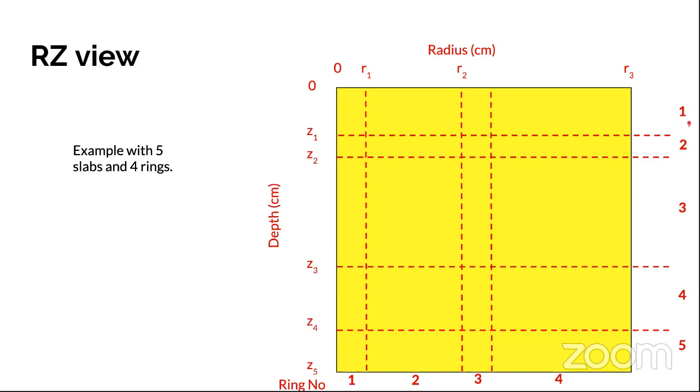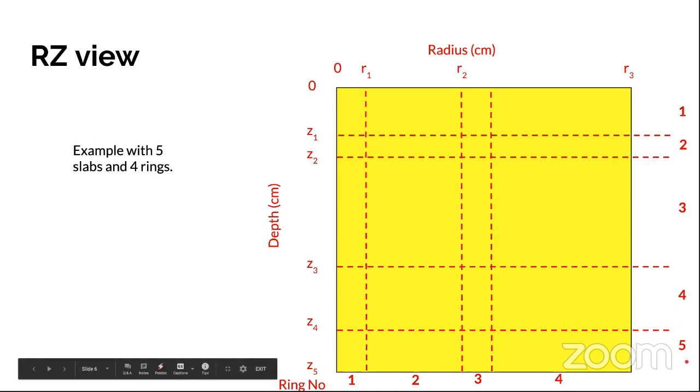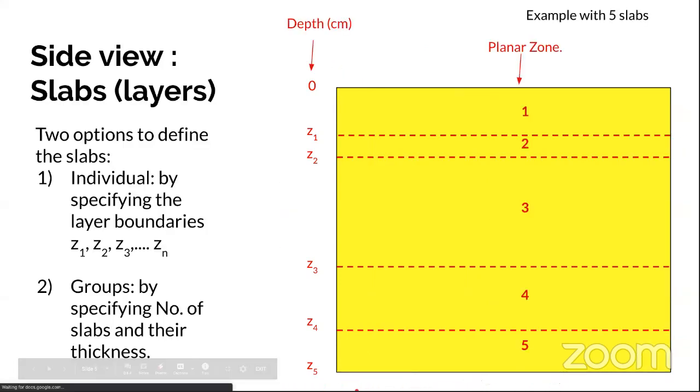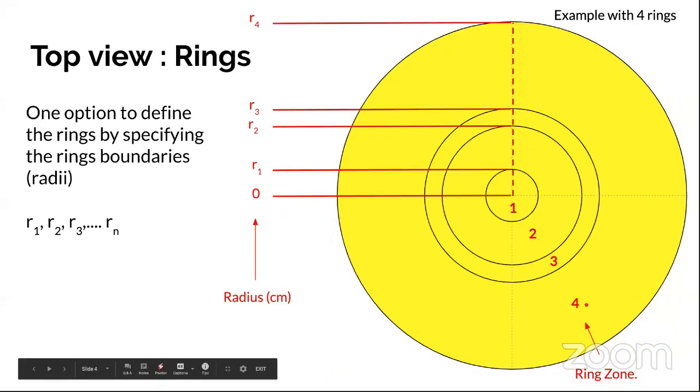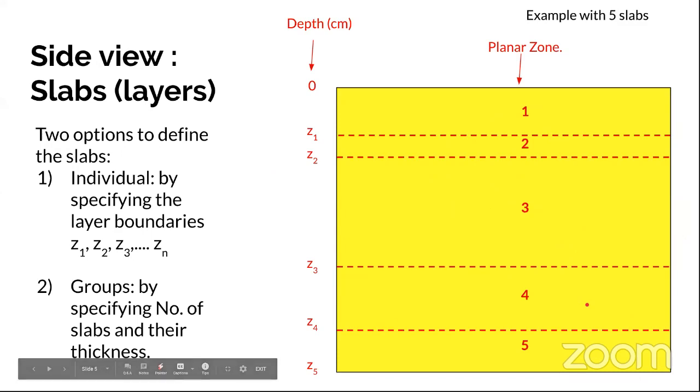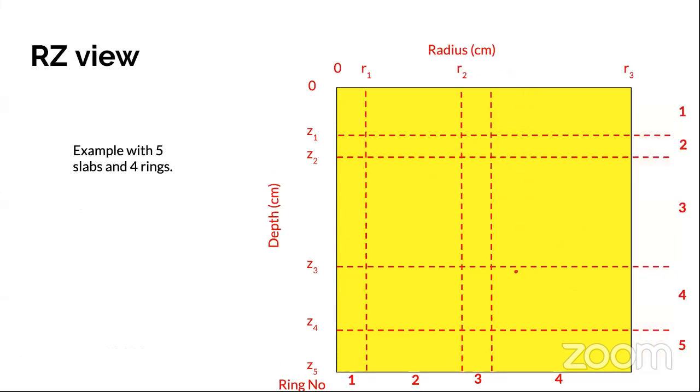So this will be region 1 in terms of slab: first slab, second slab, third, fourth, and fifth. And these numbers 1, 2, 3, 4, 5 are the ring zones. If I go back, these are the ring zones 1, 2, 3, 4. And if I go to here, 1, 2, 3, 4 is the planar zone. So I put them here.